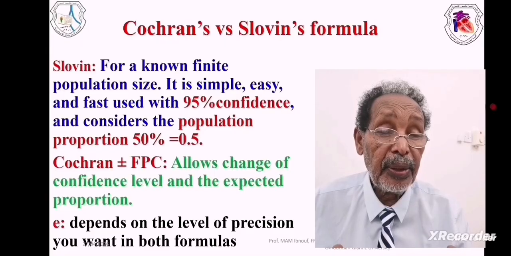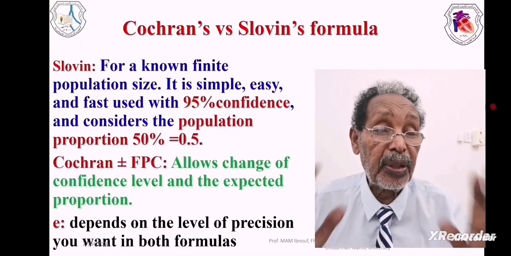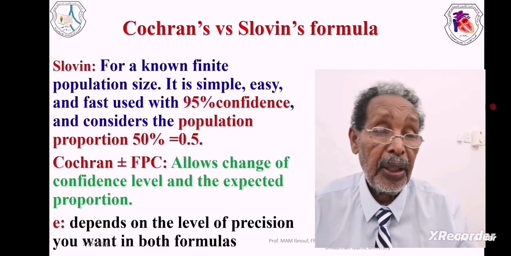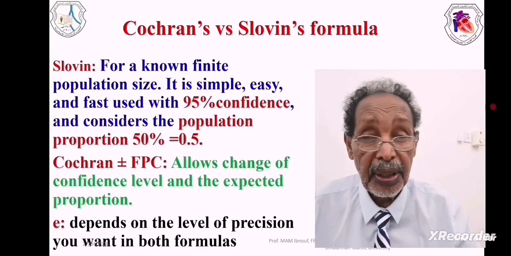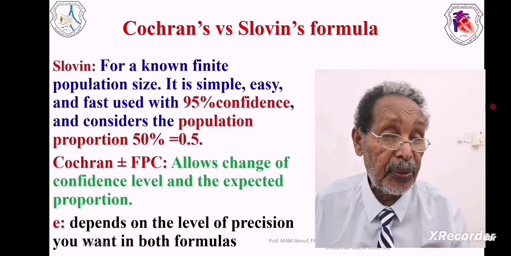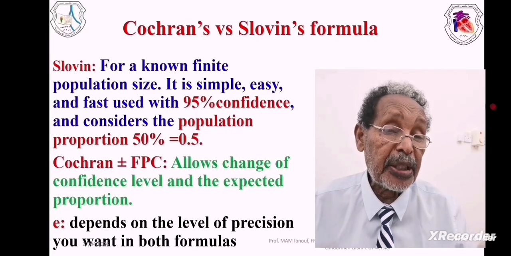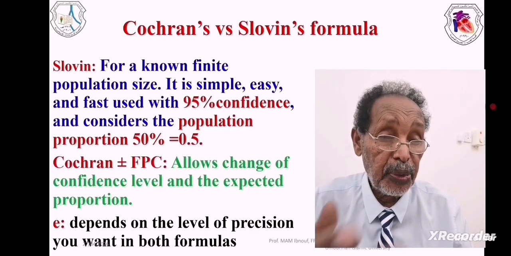Also in the Cochran, you can apply 50% as a fixed figure for the population proportion. You can write, we couldn't find a study to quote the proportion of incidence or prevalence or frequency of this disease or of its outcome, and we have used liberally 50% because it gives the maximum variation. And I will demonstrate that shortly.